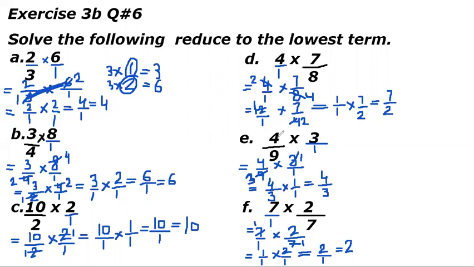Now the next part E is 4 upon 9 multiplied by 3. Only 3 is given, and 4 by 9 is a fraction. We have changed this 3, which is a whole number, into a fraction. And how will we change it into a fraction? By writing 1 in the denominator. Next step is 4 by 9 multiplied by 3 by 1. Now we will check diagonally.